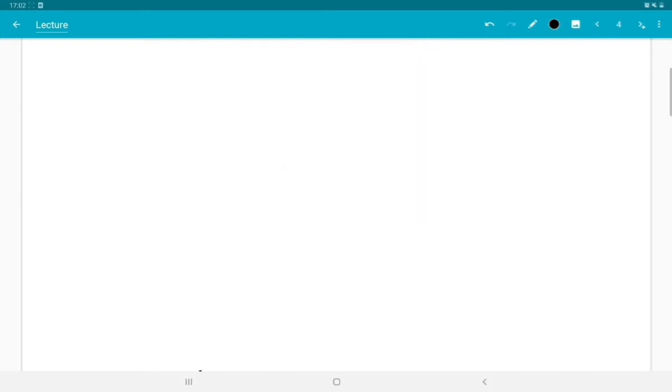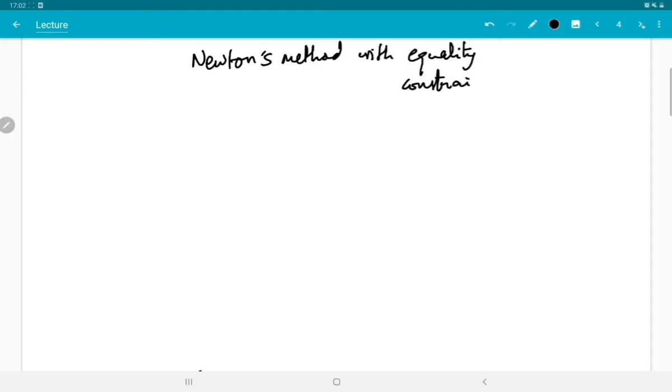Move on to Newton's method with equality constraints. This is similar to the unconstrained Newton's method. The only difference is, there are two differences.